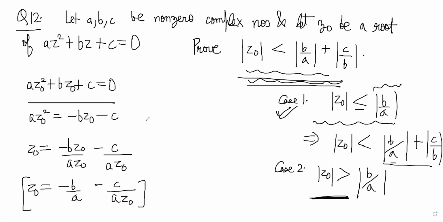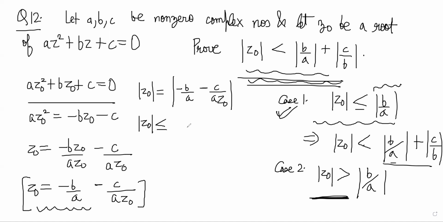Now, looking at this result here, I can take modulus on both sides and say modulus of z0 is equal to modulus of minus b by a minus c by a z0, and applying triangle inequality, I'll say mod of z0 is less than or equal to mod of minus b by a plus mod of minus c by a z0. Now think about it.